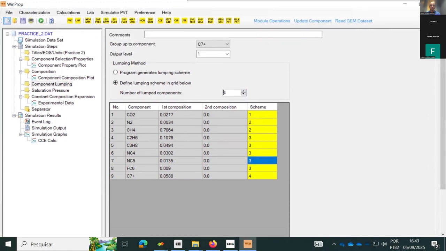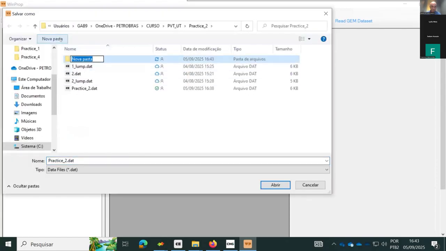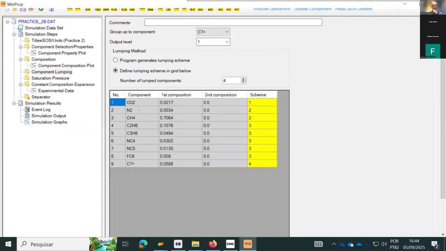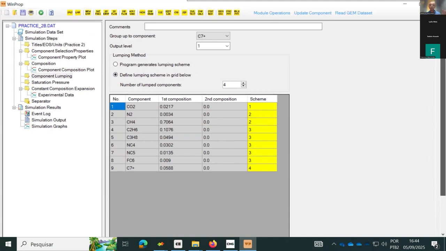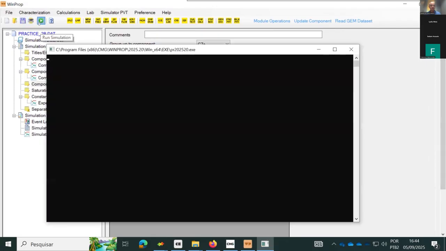So let's save this as another name, called B. Okay. So here I just created my strategy, but I need to run this case in order to process this lumping. So I just recommend WinProp to follow this strategy. Now I need to save and run this case.